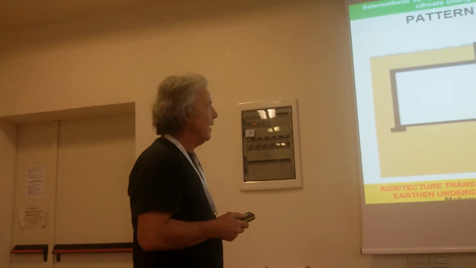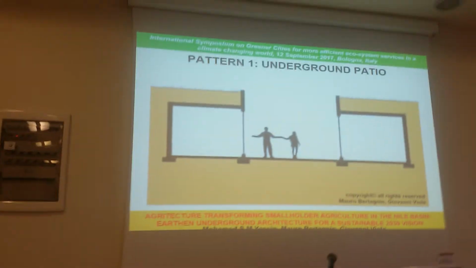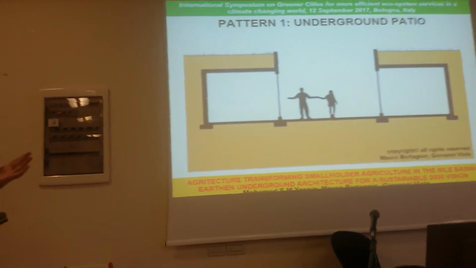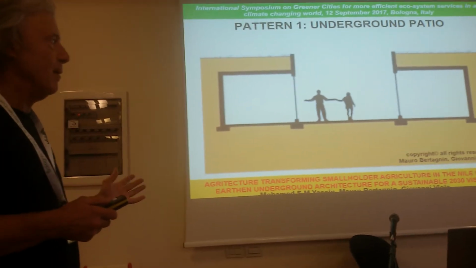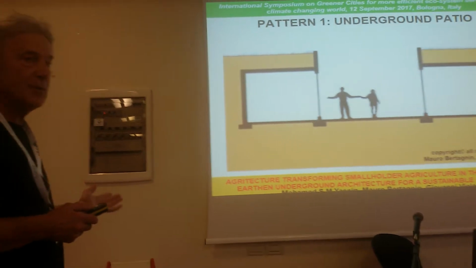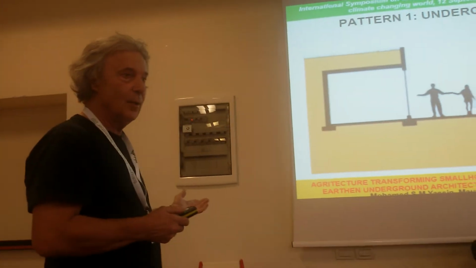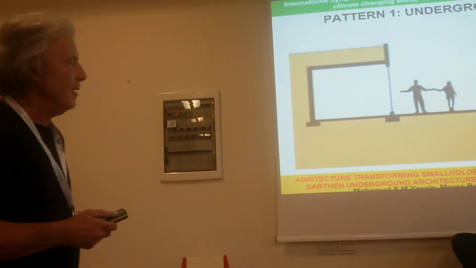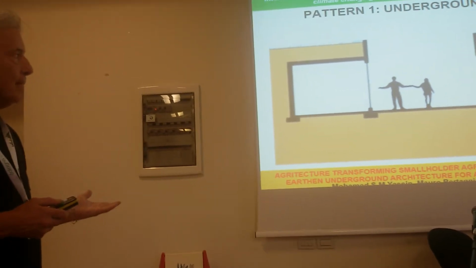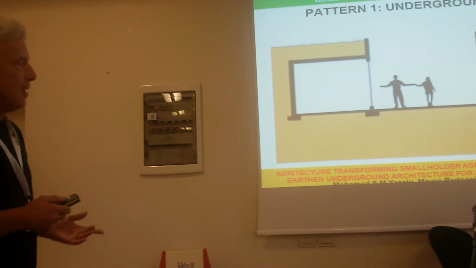This is the first one, the underground patio. We are convinced that in the future, for sustainability, in this area will be concentrated the largest part of the urban concentration in Africa. So we evaluated how to consider a new pattern for sustainable housing.